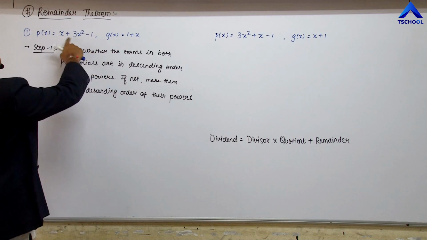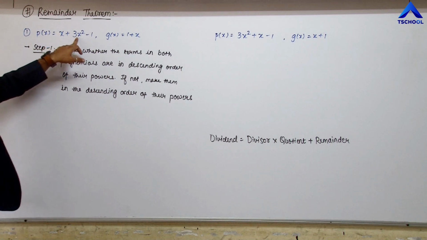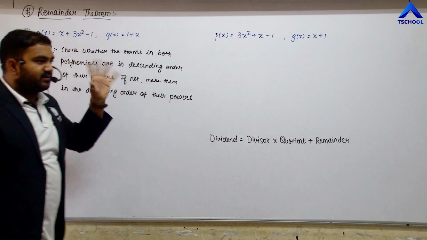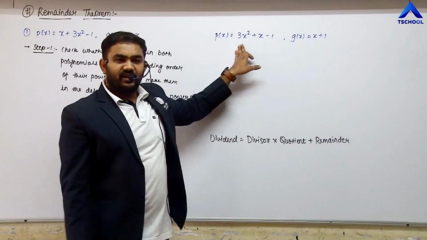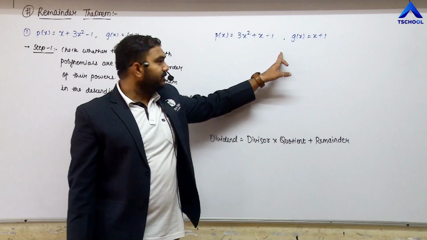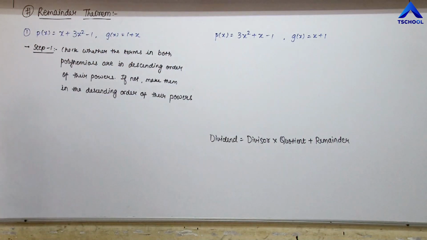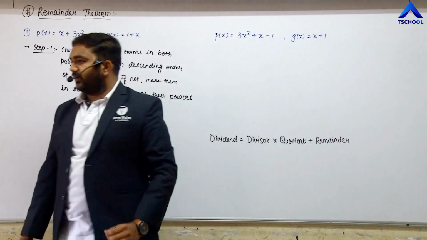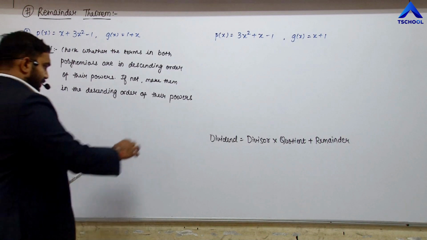See, first of all, here the power of the term x is 1, the power of 3x square is 2, and here it is 0. So first of all we need to arrange that as 2, 1, 0. So we have arranged 3x square plus x minus 1, and the second one is 1 plus x. So g of x is equal to 1 plus x, and we shall now make it as x plus 1. Okay friends, so this first step is completed here, right?